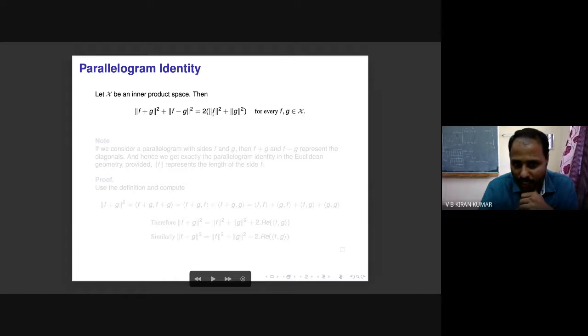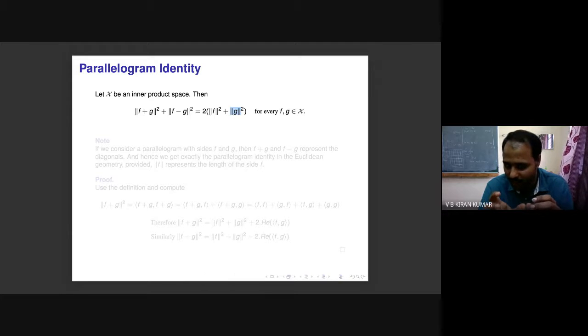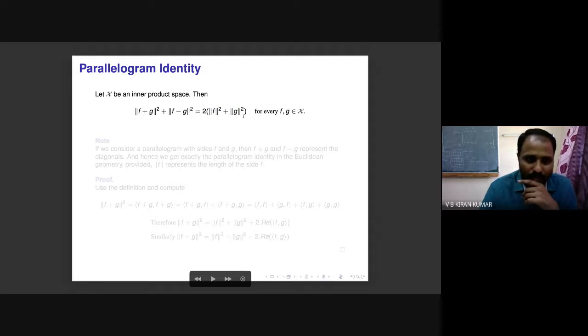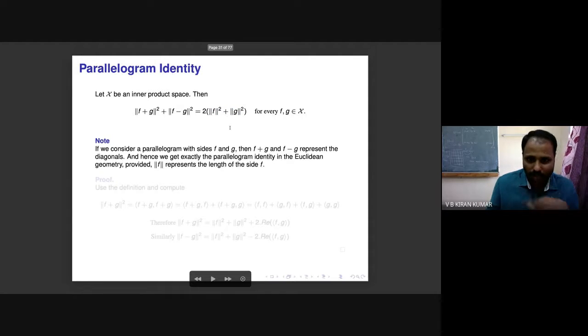That means if you consider a parallelogram with sides represented by the vectors f and g, and these represent their size, then the diagonals will be f plus g and f minus g. So this is the sum of the squares of the size of the diagonals, and this is 2 into the sum of the squares of the sides.